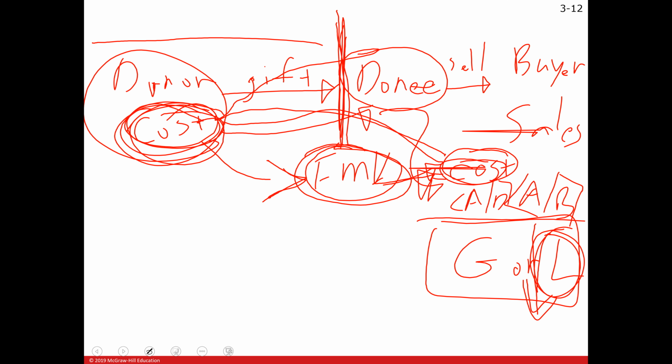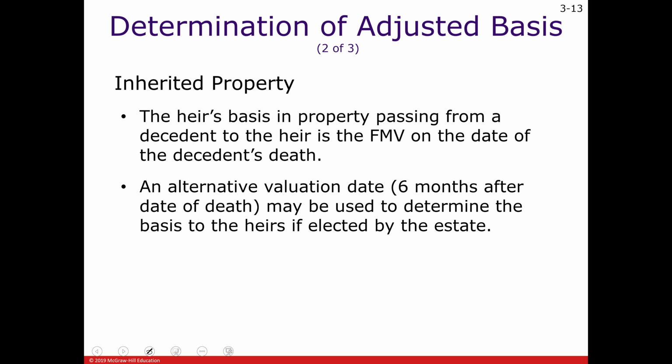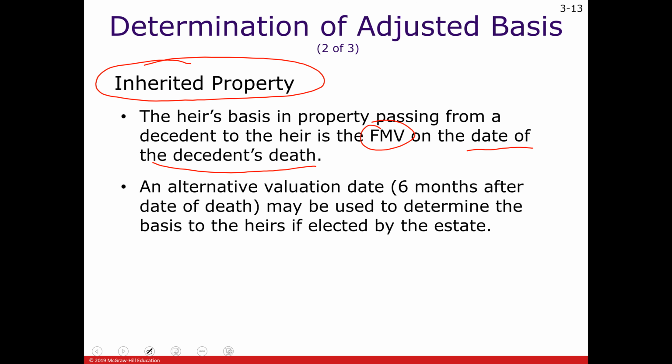Okay, let's move on to the next situation, which is when the property is inherited. Here it says it's probably going to be used as the initial cost, the fair market value of the property on the date the person passed away. The person that's giving the property away that passed away is called not a descendant but decedent.